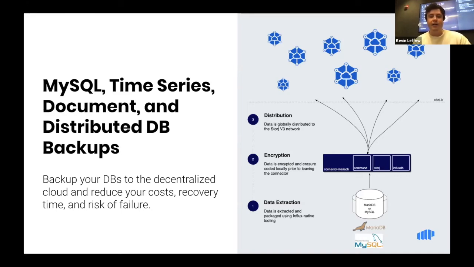A really important note is that Tardigrade is half the price of the leading cloud service providers like Amazon, Google, and Microsoft on both storage and bandwidth. And so for developers, it's easy to use, it's S3 compatible, and just by switching to the decentralized cloud, not only do you get the benefits of resiliency, security, and global performance, but you're able to cut your cloud storage bill in half or even more.